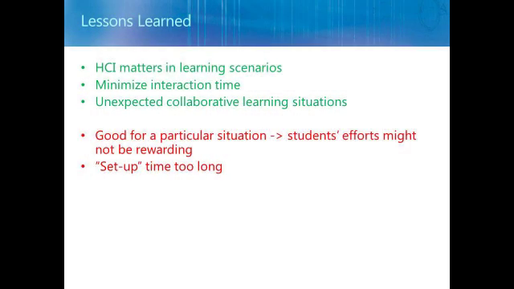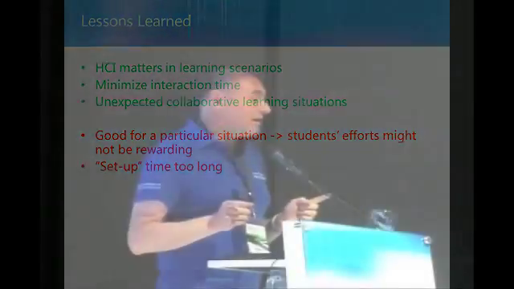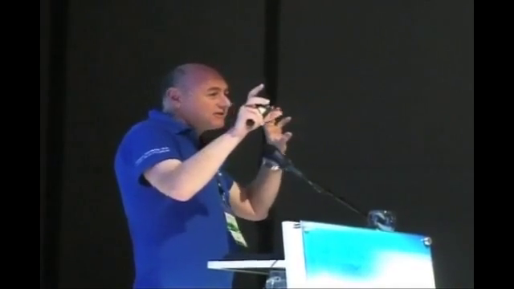Okay? So lessons learned. HCI matters in learning scenarios, and a lot. We have to minimize the interaction time. We discovered a lot of unexpected collaborative learning situations because of the synchronizing mechanism, which was object to object and not application to application.